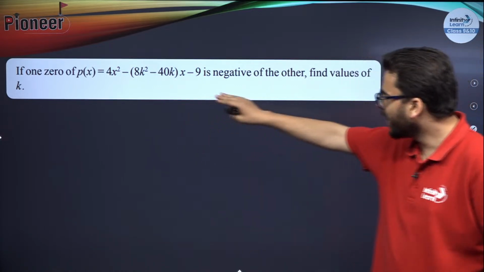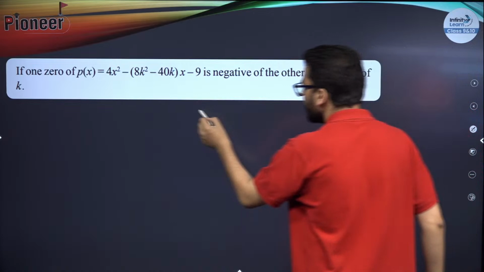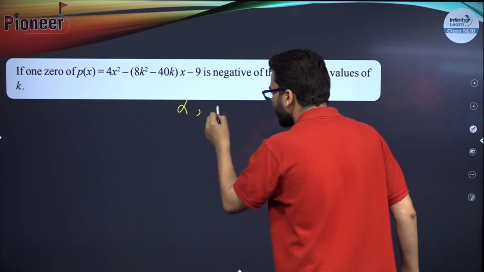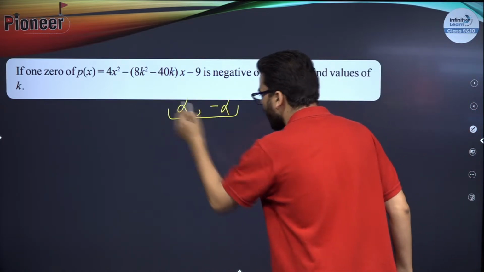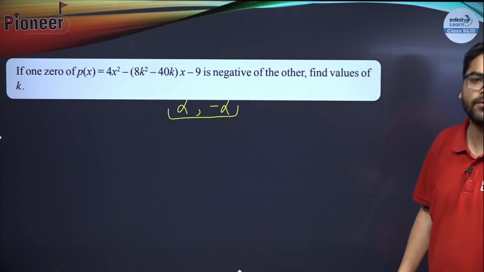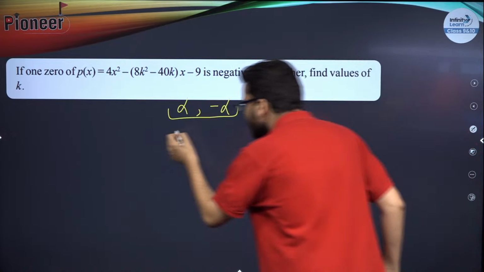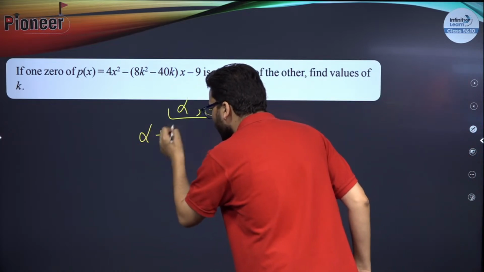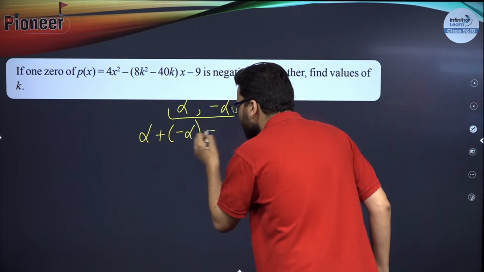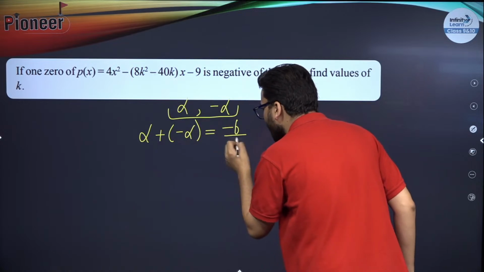So you see, one zero is negative of the other. It means if one zero is alpha, the other zero is minus alpha. Whenever you've got something like this, you have to take the sum of the zeros. In case of a quadratic polynomial, sum of the zeros is minus b by a. You got it?